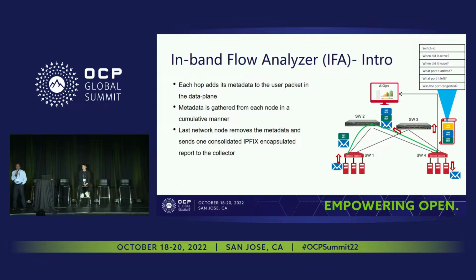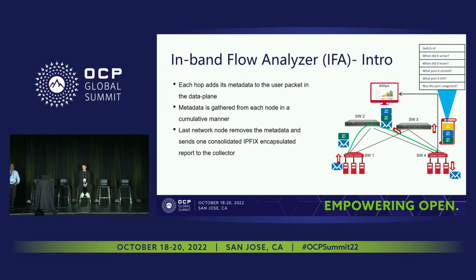So what is IFA? IFA is the in-band telemetry implementation of Broadcom. And what is in-band telemetry? It's about capturing packet processing metadata as part of the user packet itself, instead of updating some counters that can be retrieved by the network operating system or a remote collector later.